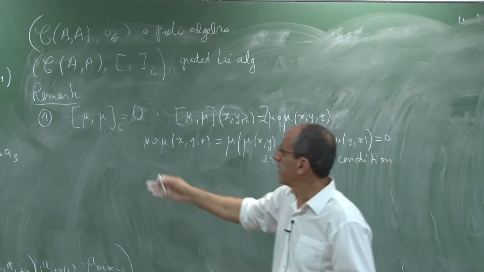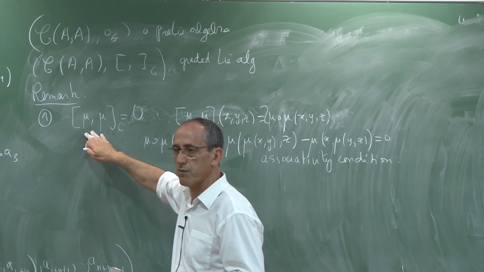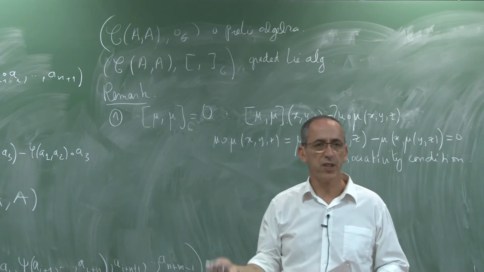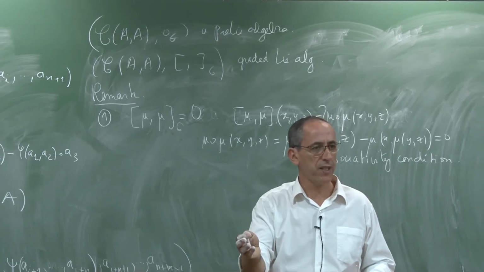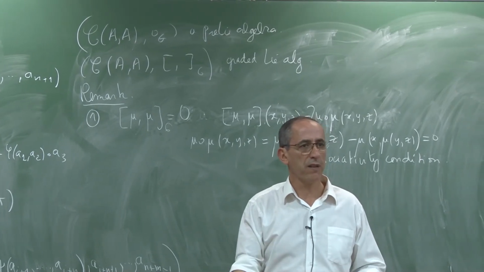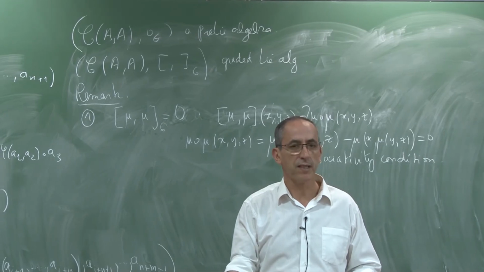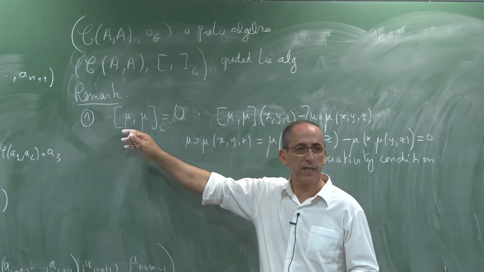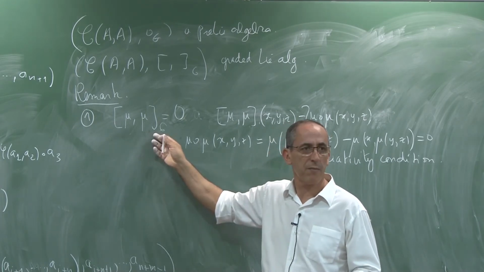Then if you want to check whether your operation, you take a binary operation, and you want to check whether this operation satisfies the associativity condition, you just need to take this Gerstenhaber bracket.